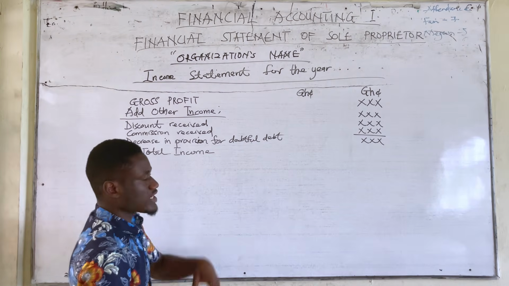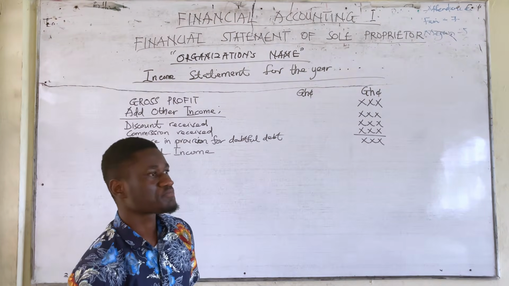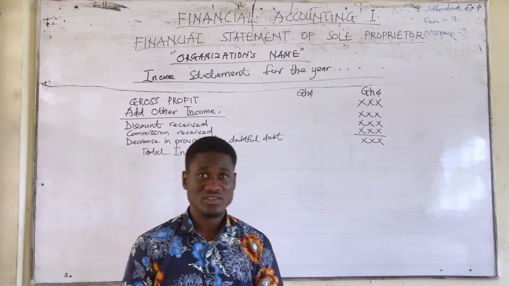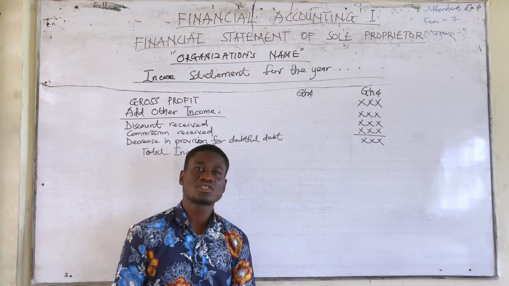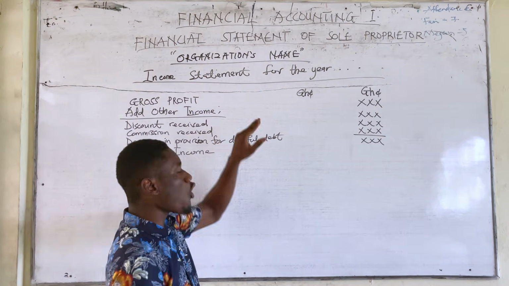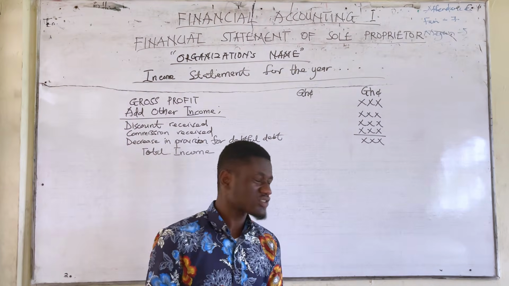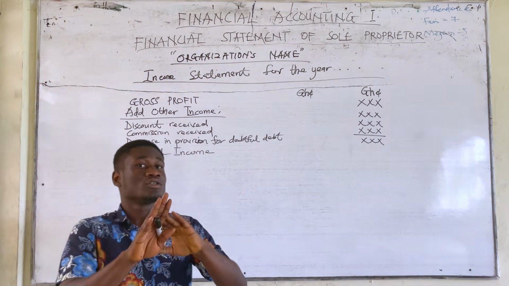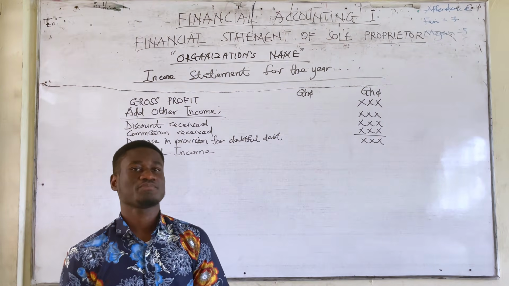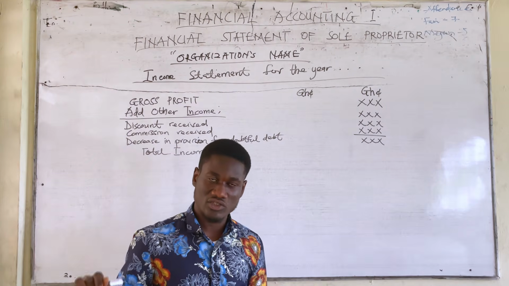With the other items too, let's take discount received. They can tell you in the additional information that discount received owing amounts to this. Okay. When you see owings or outstanding or accrued, or accruals, what you have to note is that basically you just add that figure to the initial amount in the trial balance.